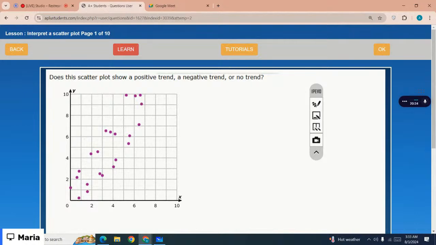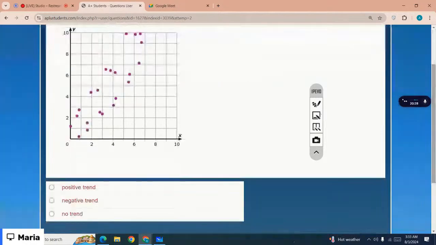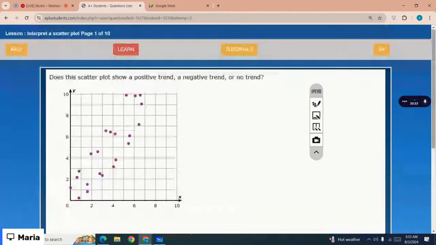Positive trend it is, because the x values are increasing. The correct option is positive trend.